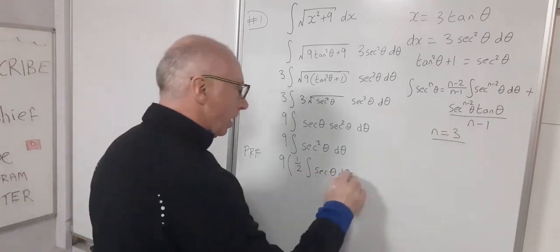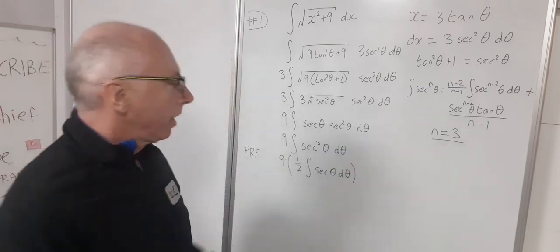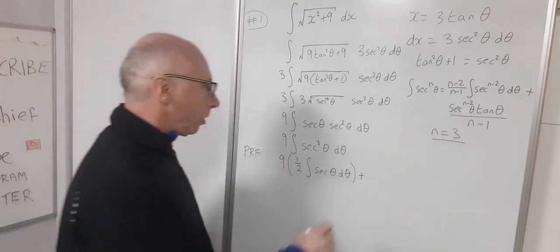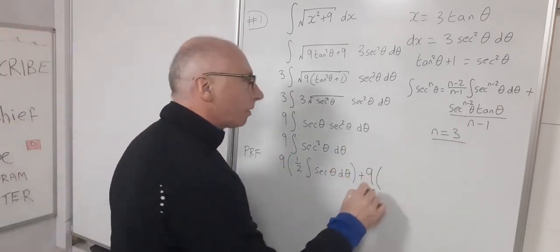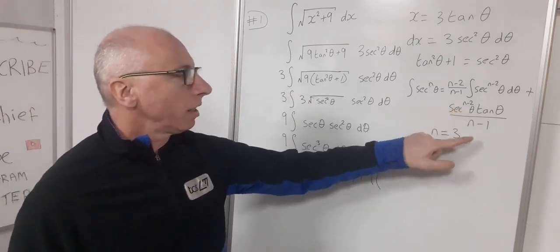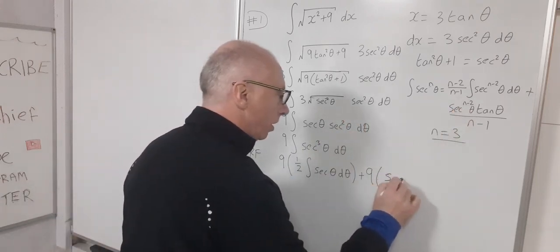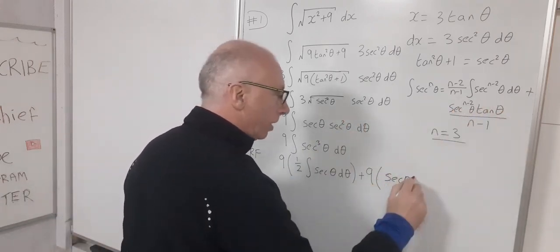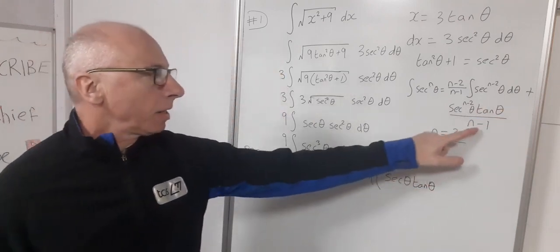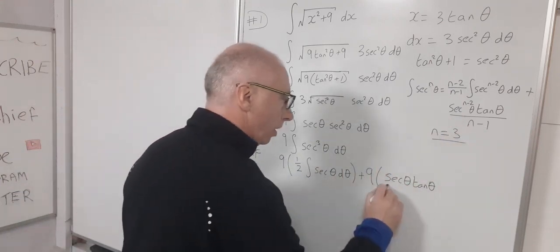And then now, out of the integral, so that's not in the integral, I need to add, and again, my 9 is my constant multiple, so that applies to this part as well. And then I've got secant to the n minus 2 theta. Well, n is 3, it's just secant theta. So I've got secant theta, tangent theta, so they are multiplied, and then divided by n minus 1. So 3 minus 1 is 2, so that's a half.